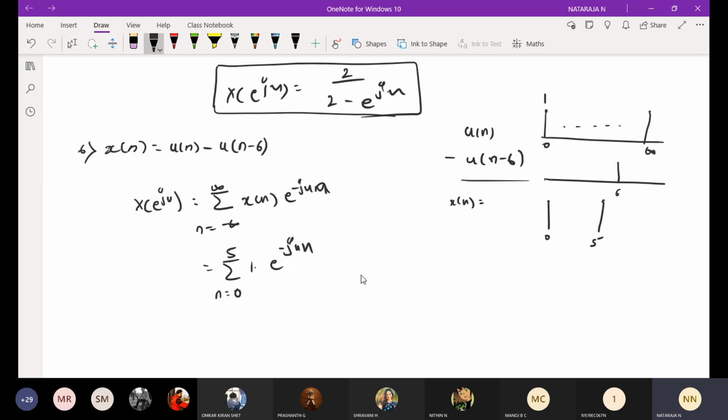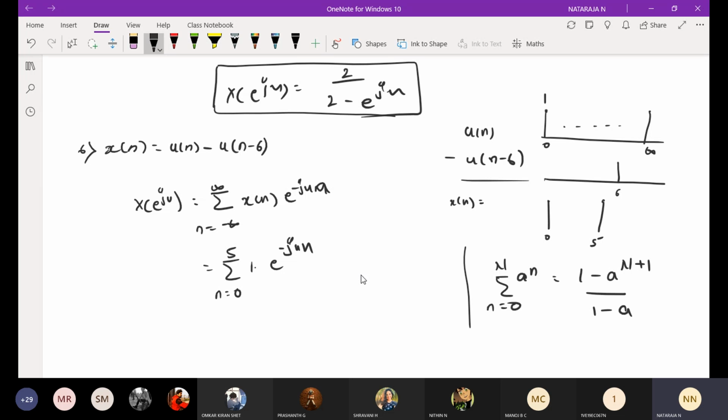For this kind of limits, I have a standard equation: summation n is equal to 0 to capital N of a to the power of n is equal to 1 minus a to the power of n plus 1 divided by 1 minus a. I have already given this kind of formula in the second module.